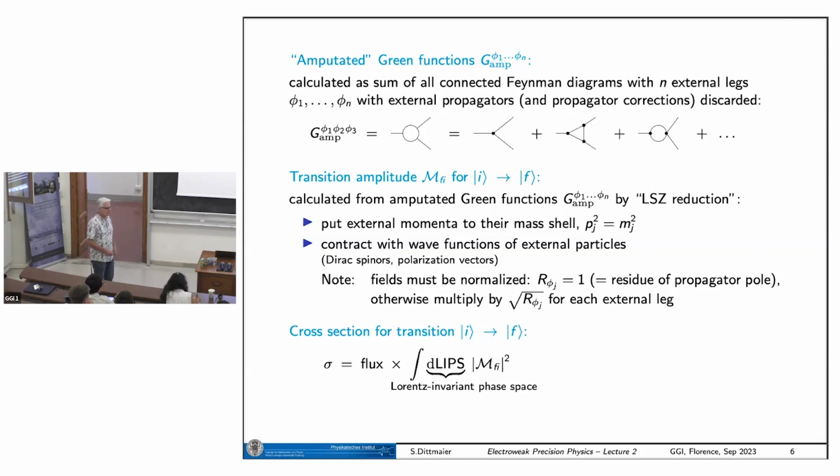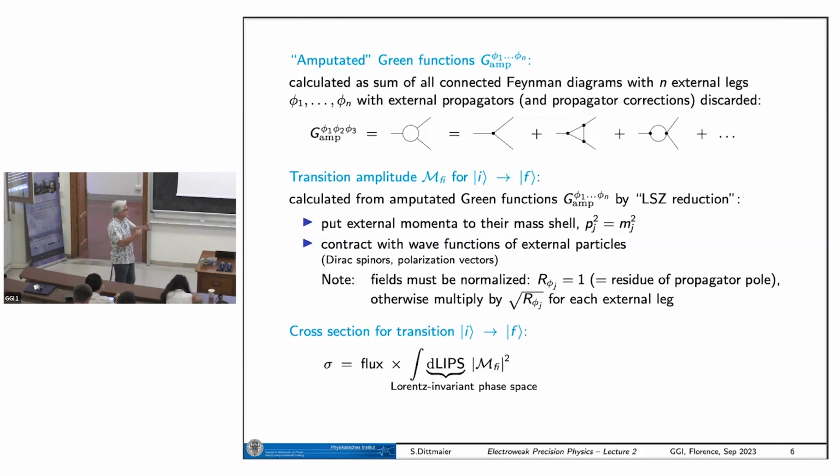External propagators and propagator corrections are gone, and I don't write a field point there because I dropped it. Still in momentum space, momentum is coming in and going out. And the next step, as I said, in this LSZ reduction is this on-shell procedure and the contraction with wave functions.